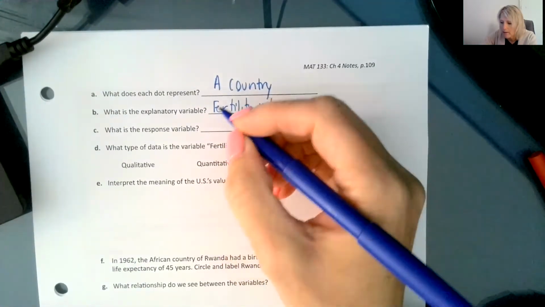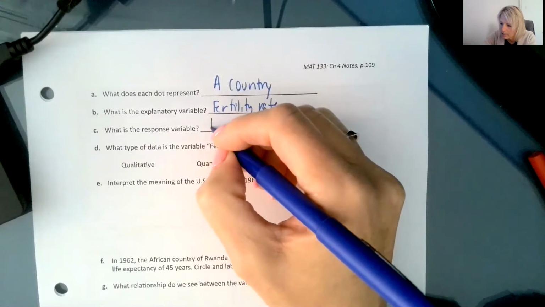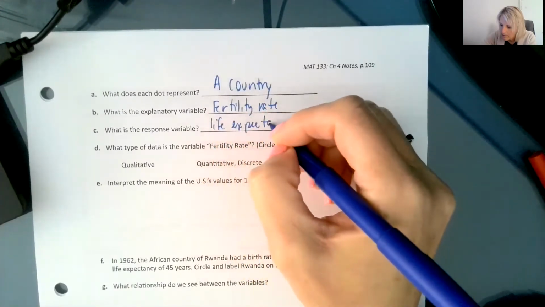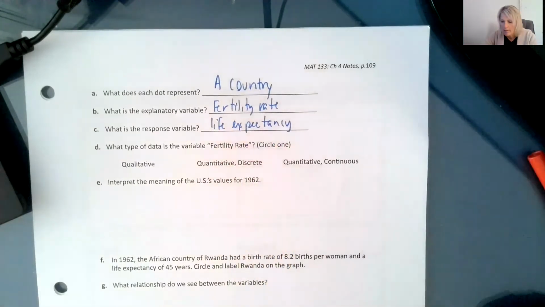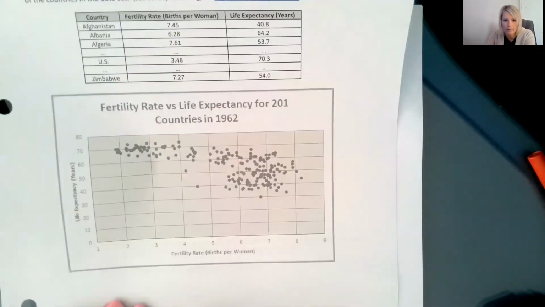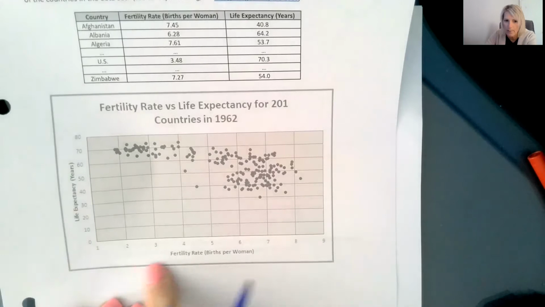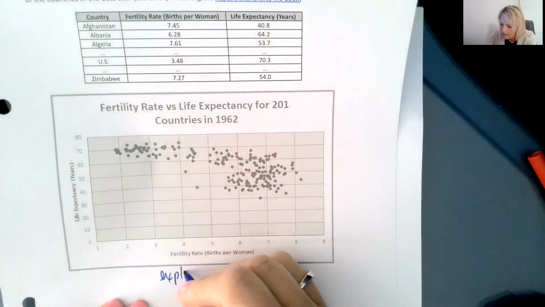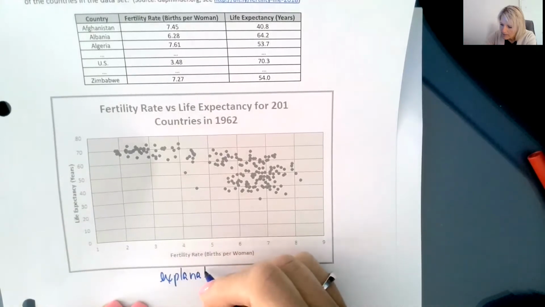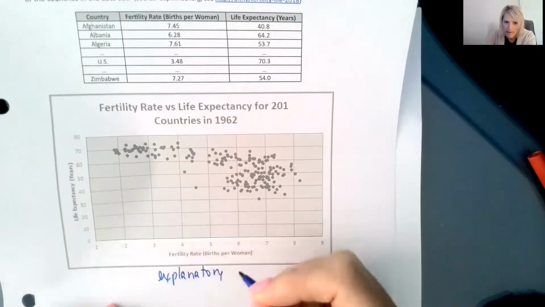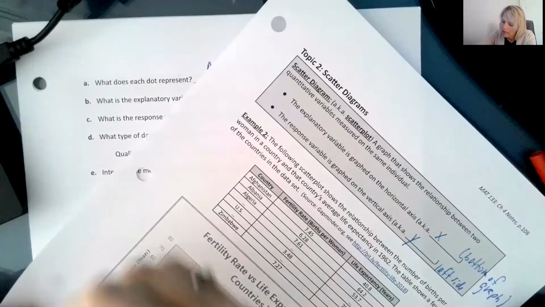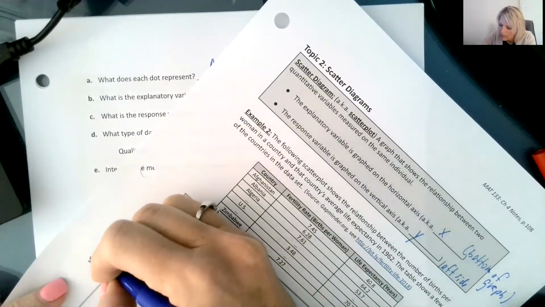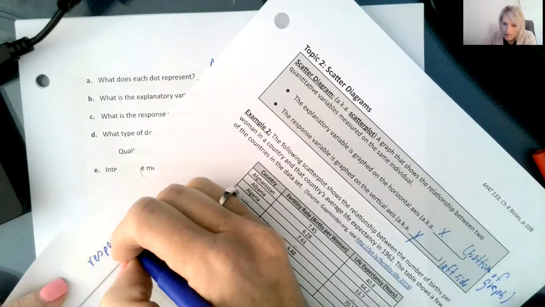And what is the response variable? That is the life expectancy. So let's write down the graph. The fertility rate, what is on the bottom here, is always the explanatory variable. And the life expectancy is always the response variable.